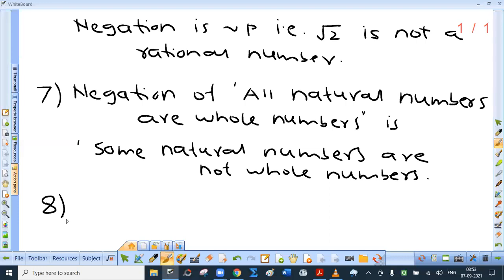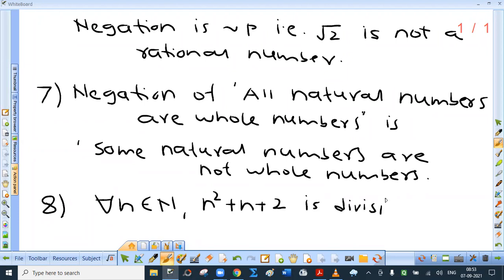Now statement number 8. For all n belonging to the set of natural numbers, n square plus n plus 2 is divisible by 4. So what will be the negation?